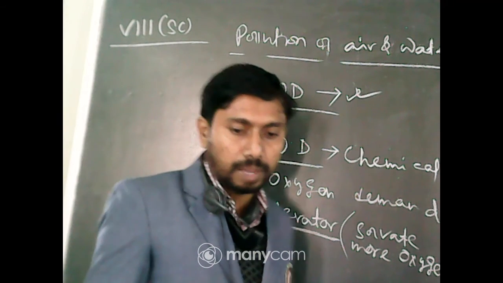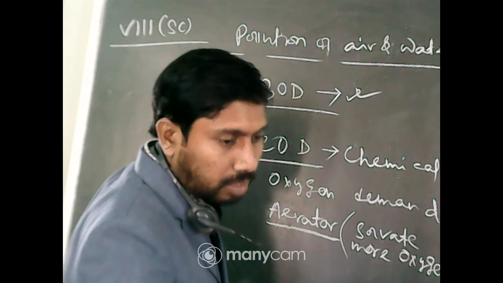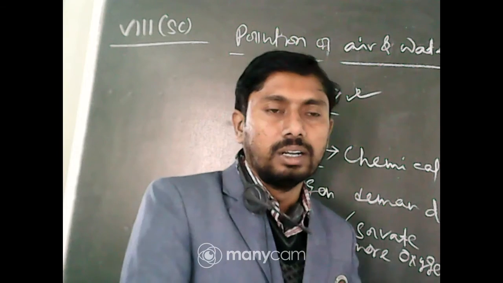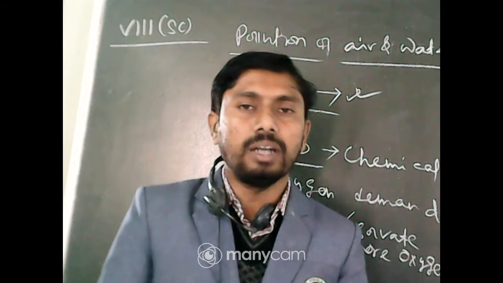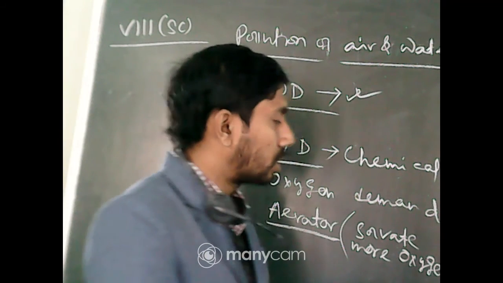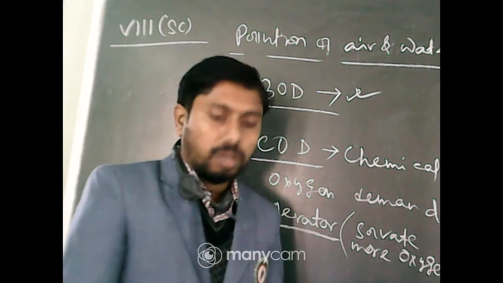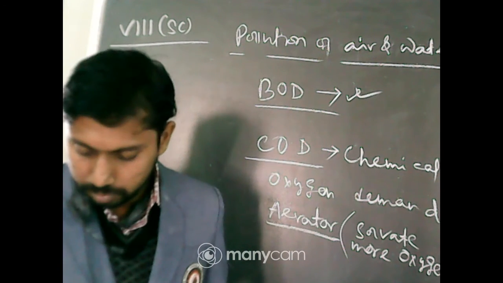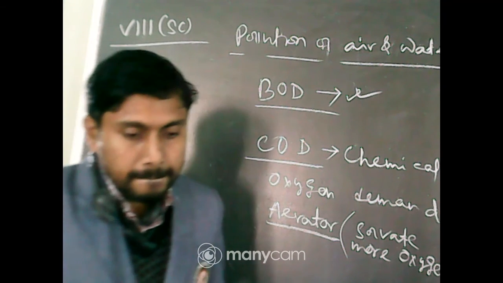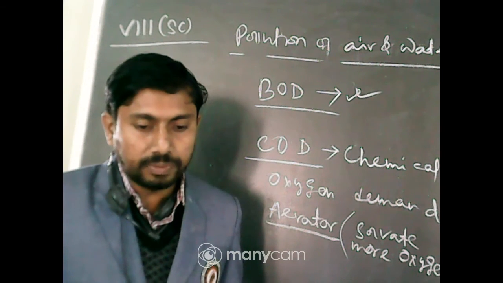BOD is the biochemical oxygen demand and COD is the chemical oxygen demand. That is the demand for oxygen by the chemicals for the oxidation purpose, which is called chemical oxygen demand. Now, what is the difference?